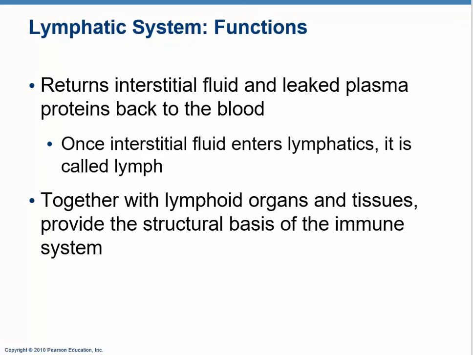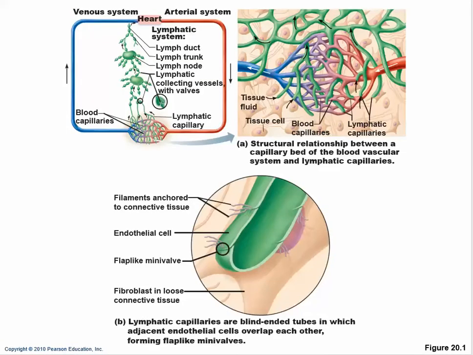So the difference between interstitial fluid and lymph is where it's found, and that's really the only difference. So we're going to see that we have lymph capillaries almost everywhere where there are blood capillaries, because the interstitial fluid is produced at the capillary beds, and so that excess should be picked up at the same spot.